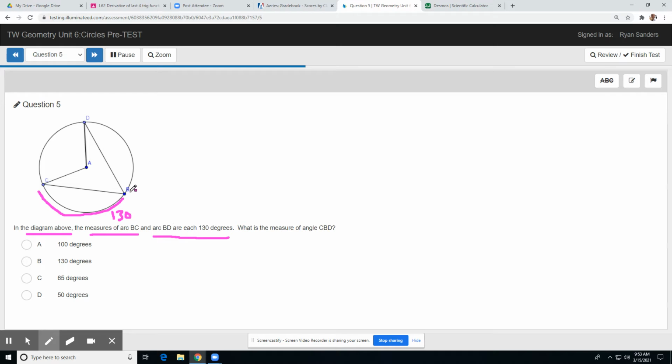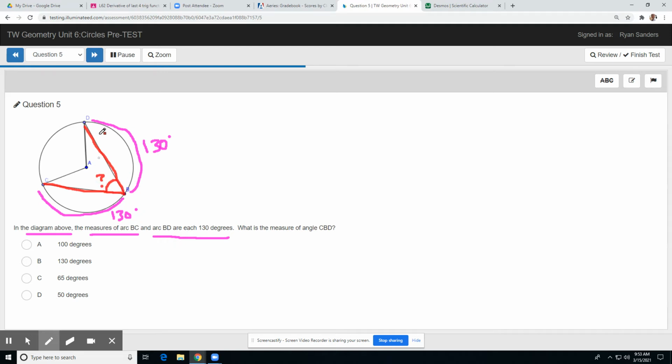And then B to D is 130 degrees. What is the measure of angle CBD? CBD. This angle is what they want.